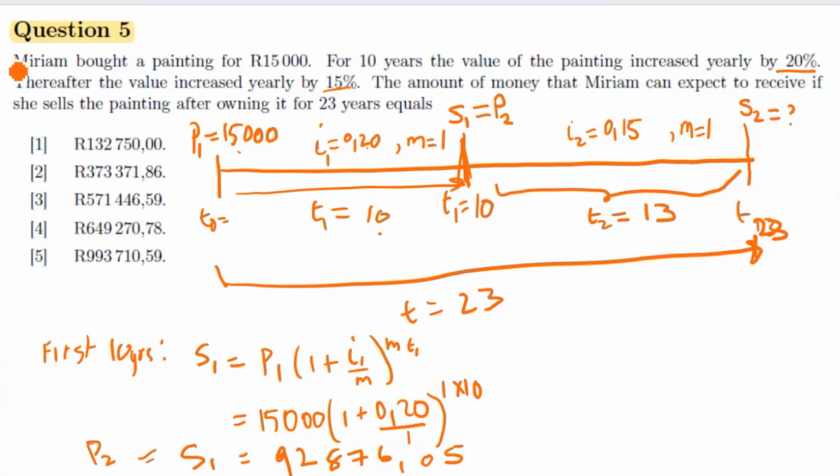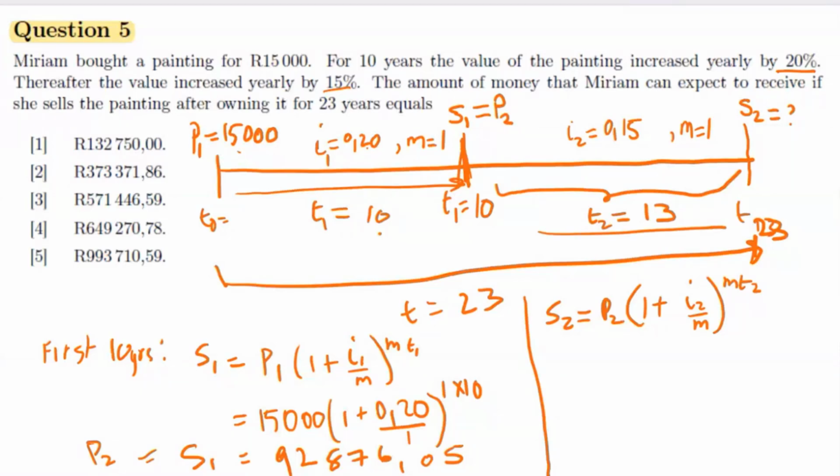Okay, and then I said, let me get the accumulated amount at S2. So at S2, I'm going to be having P2 into 1 plus I2 over M to the power MT2. I am only calculating for the second part, right? So I know what my P2 is: the same as the previous accumulated amount at this point.